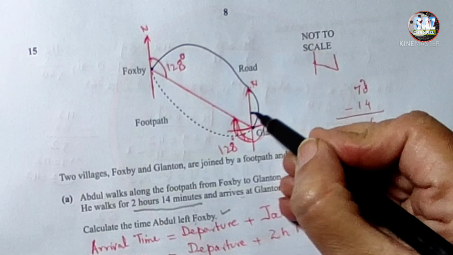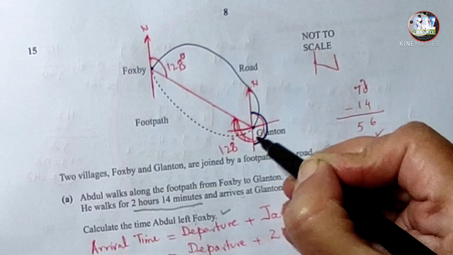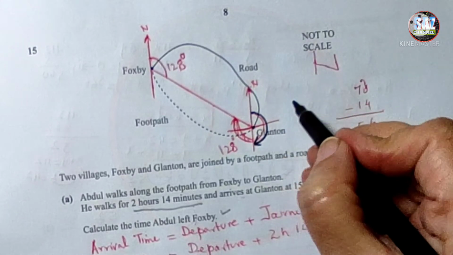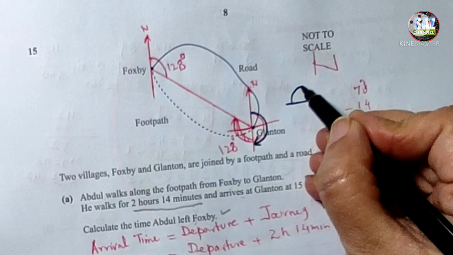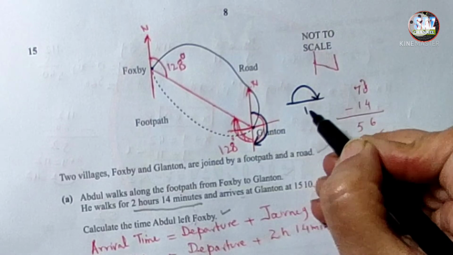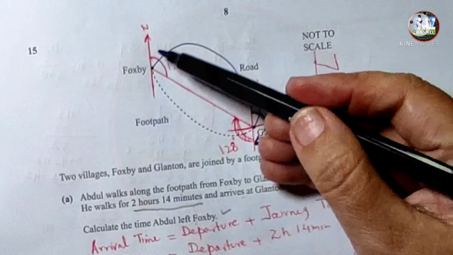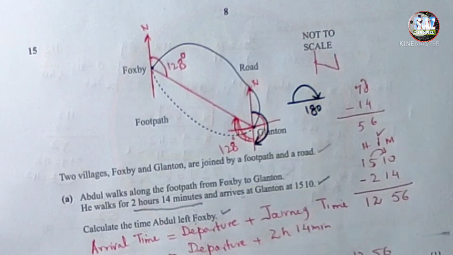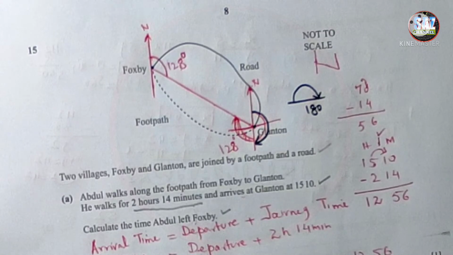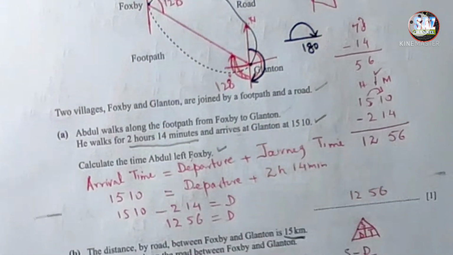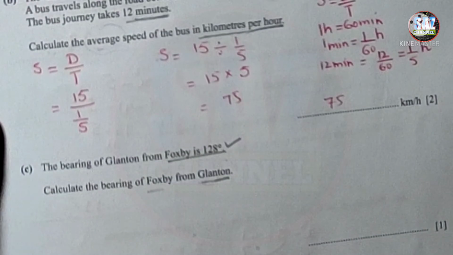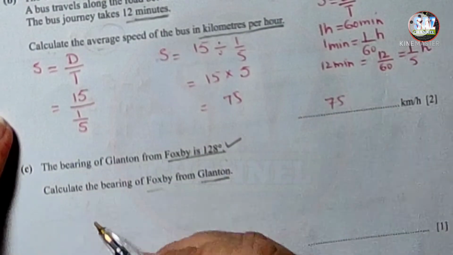Look, this is the semicircle. We are taking the turn over here, and the semicircle has how many degrees? This is clear and understood. This is 128, and then due to the alternate angles, we have 128 degrees over here. So the required bearing will be 128 plus 180 degrees.